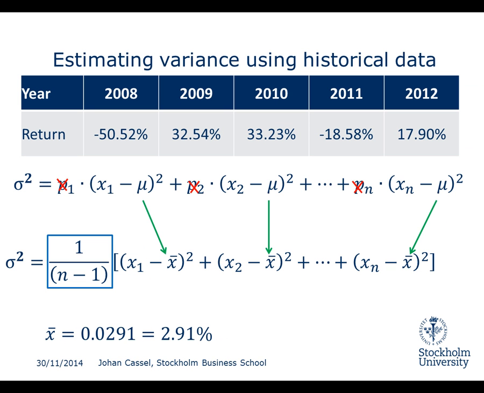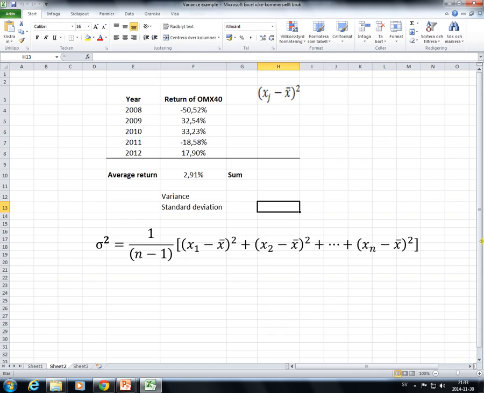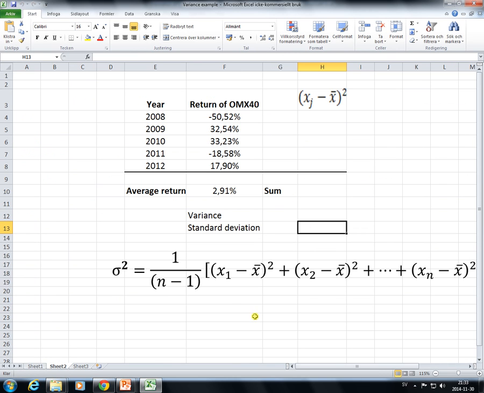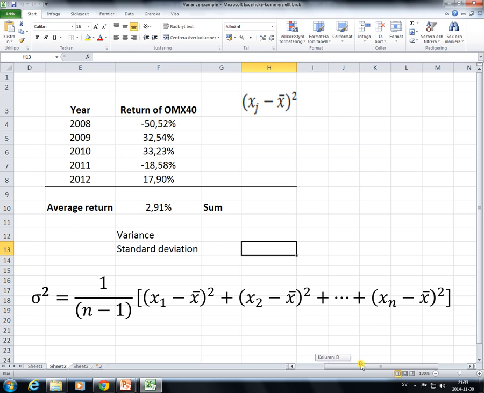Okay, so let's actually do this example and then estimate the variance. Sorry, I prepared an Excel slide. Let's see if I can zoom in a little bit. Okay, so here we have the returns, the same as in the slides. We have the average return here, and we want to compute the variance and the standard deviation.